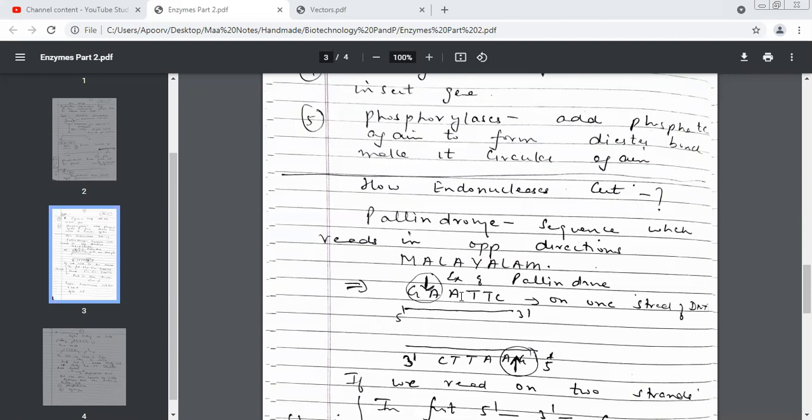So 3 bases this side, 3 bases this side. Now please cut at the same position on the lower template also. Tell me, what is the first piece that you'll get? CTT. Yes. And the second piece is? AAG.